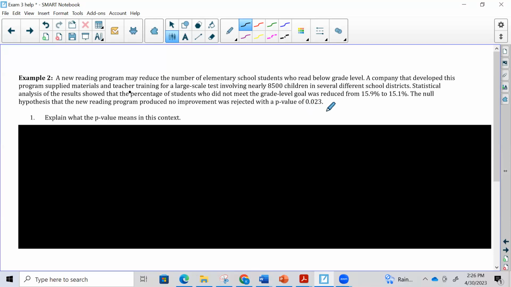So this problem is talking about one sample. They sampled 8,500 children, and they compared the percentage of students who did not meet grade level with a national standard. So I'm comparing proportions. And because I have one sample, this would be an example of a one-prop z-test.